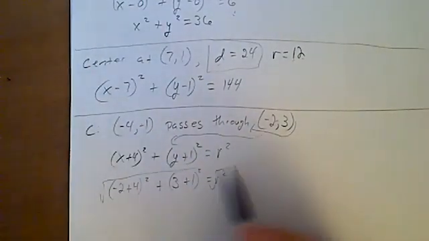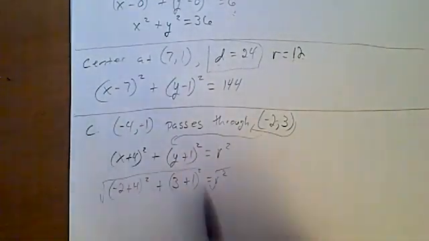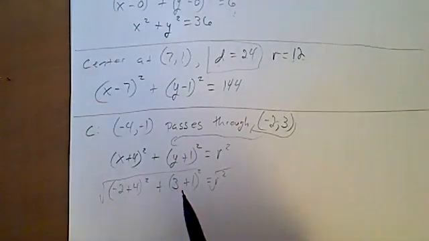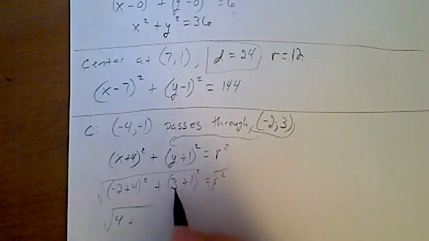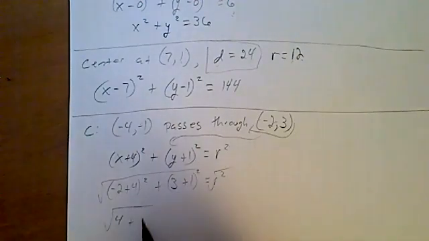We take the square root of both sides. All of a sudden we have r equals this, and this looks a lot like the distance formula. -2 plus 4 is 2. 2 squared is 4. The square root of 4 plus 3 plus 1 is 4 squared is 16, equals r. So r is the square root of 20.